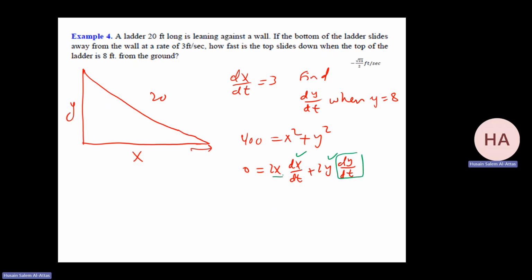I can get x from here. So I have 400 equals x squared plus 64. So x squared will be 336.